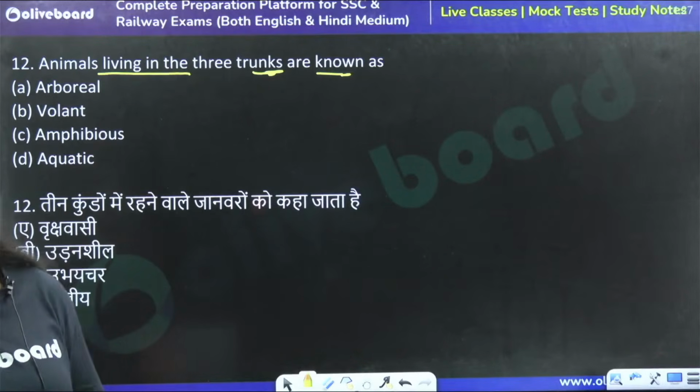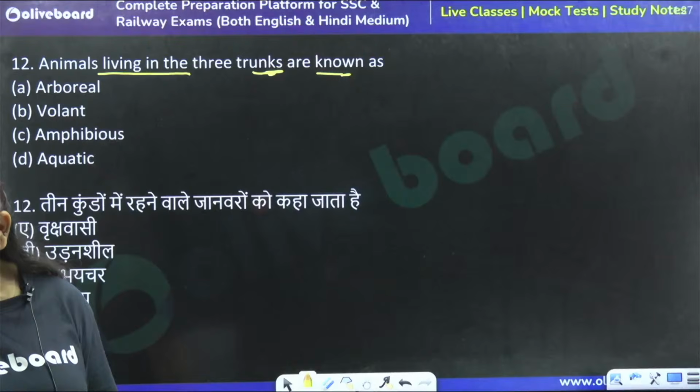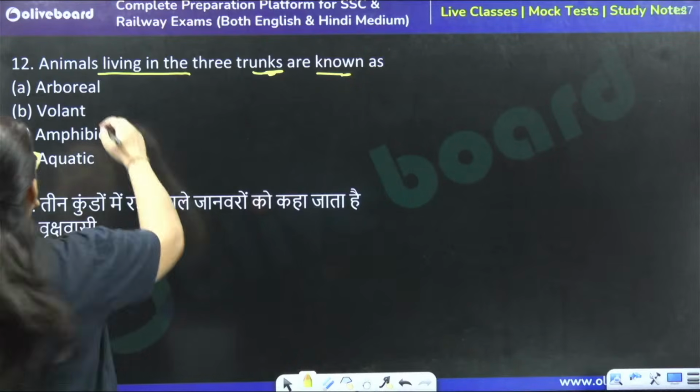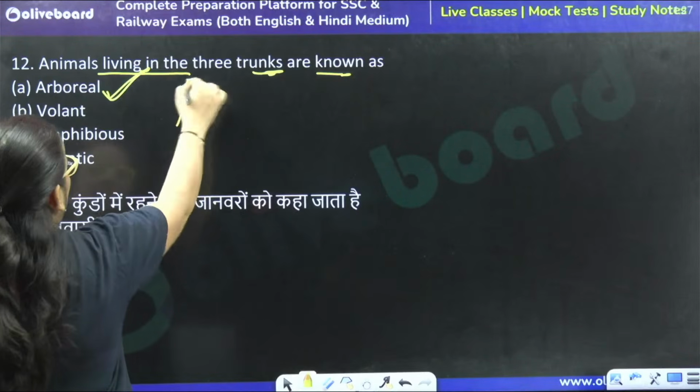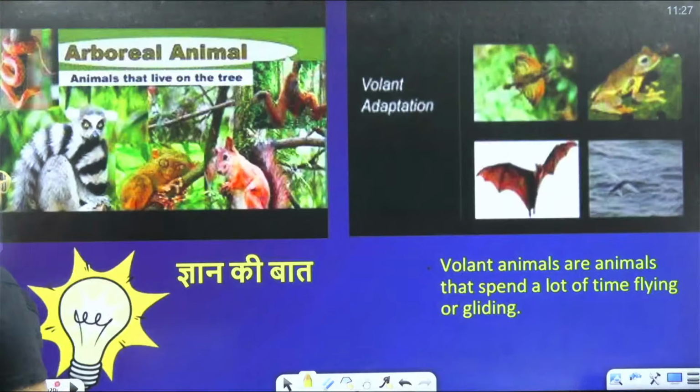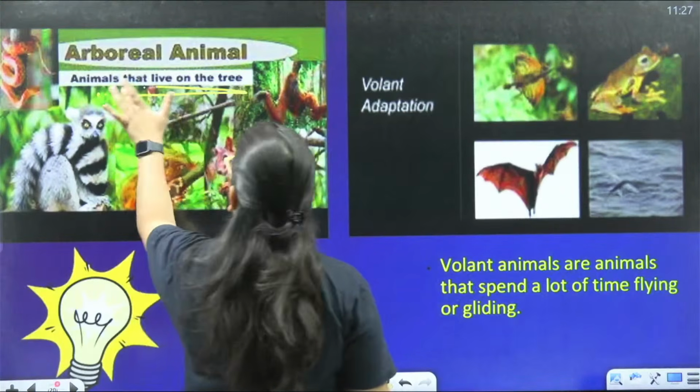Anyone? The correct answer is arboreal. See here, basically an arboreal animal is one that lives on the tree.